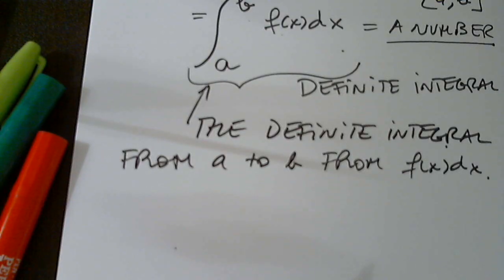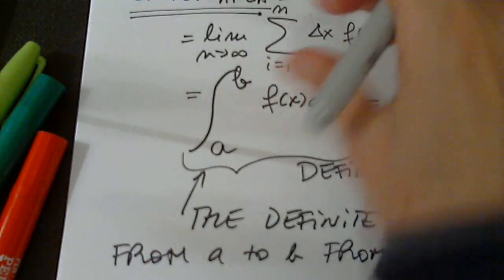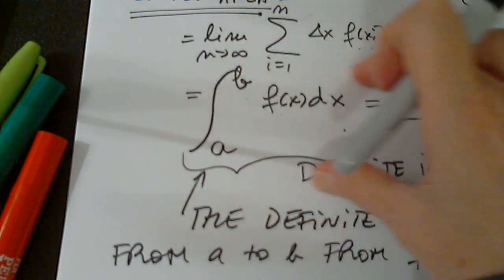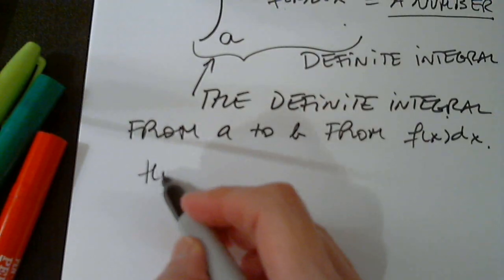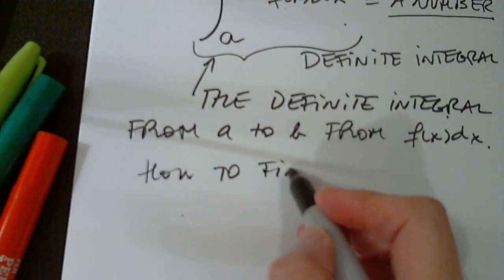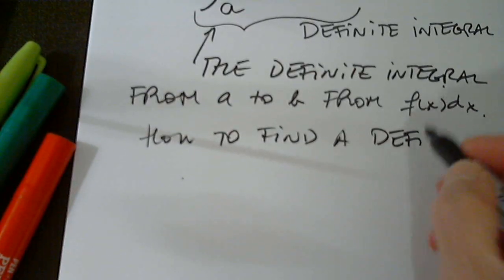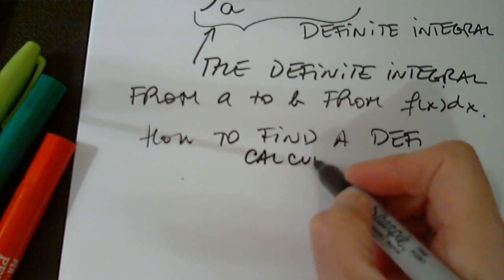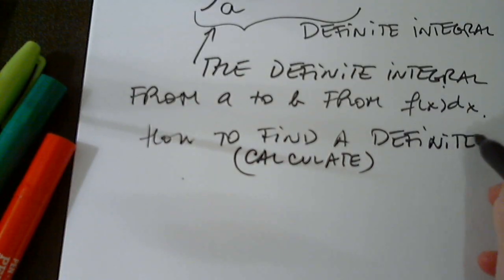And the answer is a number. Again, we're not going to compute this. We're only going to compute this. Now the question is how? How to find or calculate a definite integral.